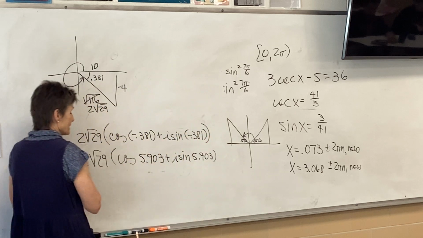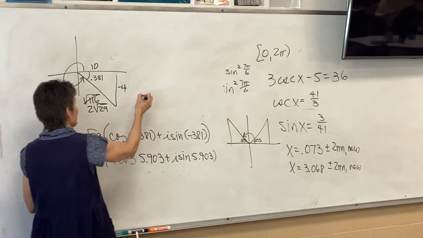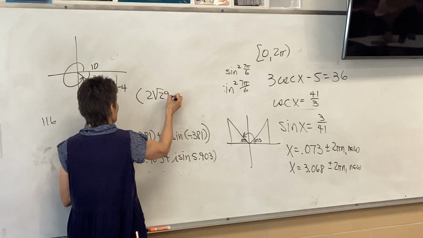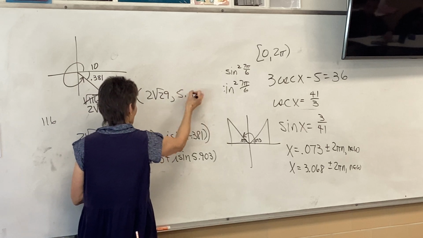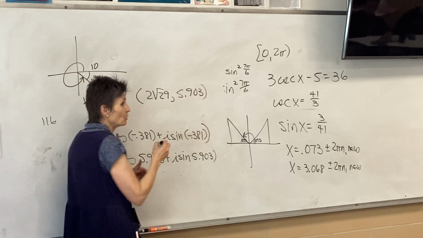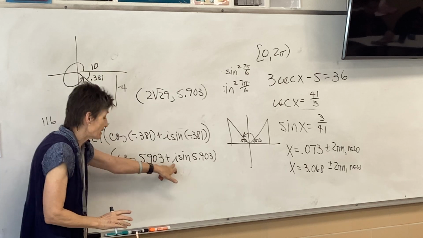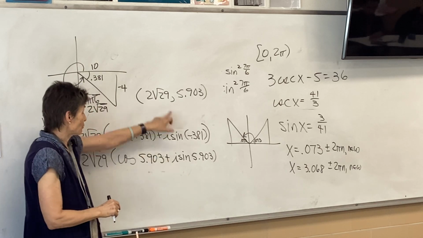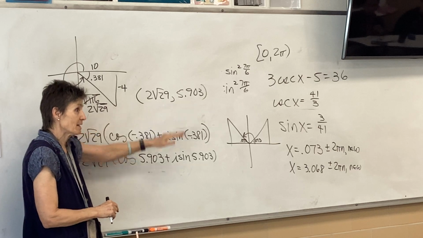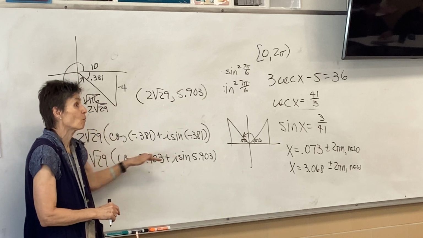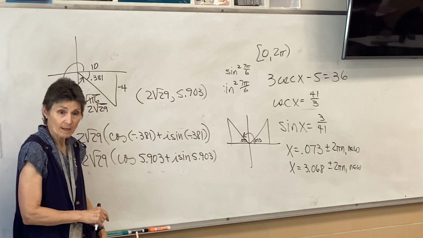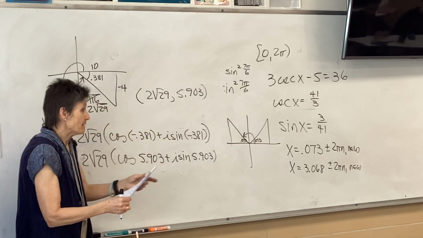The point is here, simply writing 2 root 29 comma 5.903 isn't good enough because the problem has an I, so your answer has to have an I. These are polar coordinates, same R, same theta, but you gotta have an I, so you gotta write it in this form. Okay? All right.